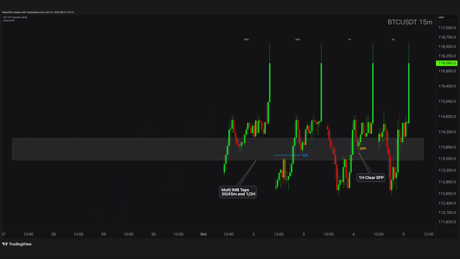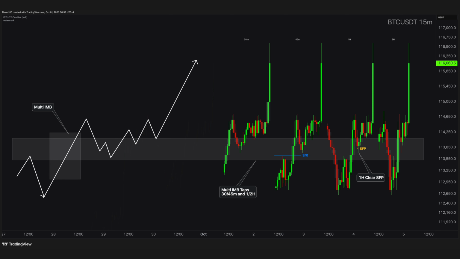Let me break it down quickly with these visuals. We already know Bitcoin has been in an uptrend. It has been rallying pretty strongly over the past several days. Because of that, it created this multi-imbalance zone that we can potentially use to look for trades, plus a swing failure pattern here. Now, this same zone is also overlapping with the SR flip area.